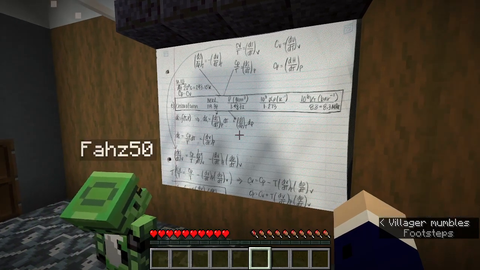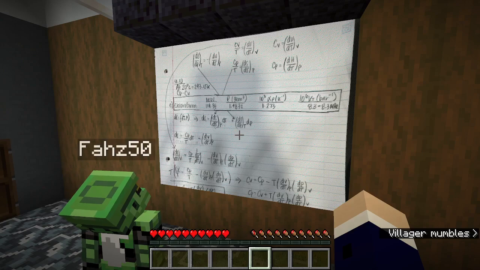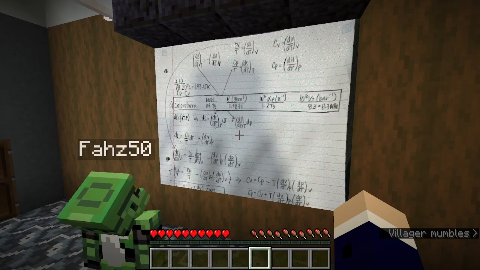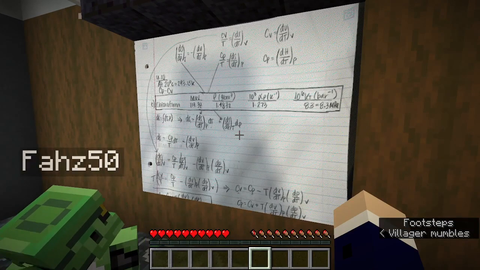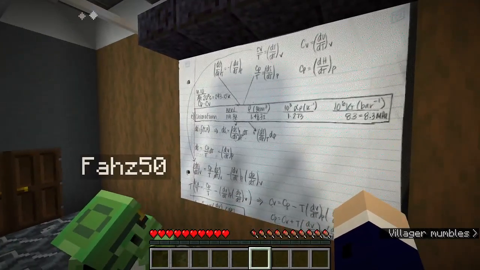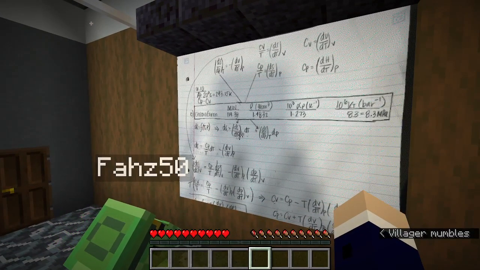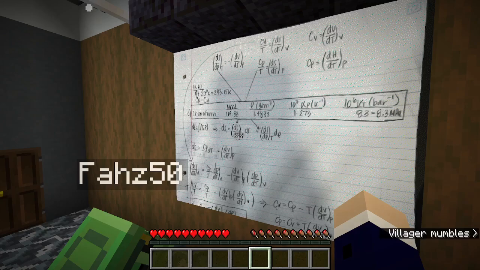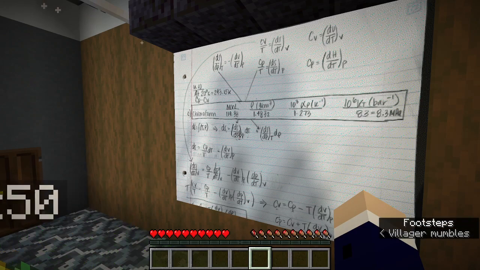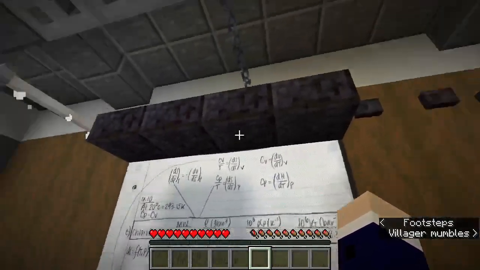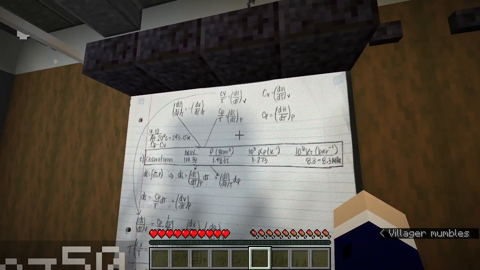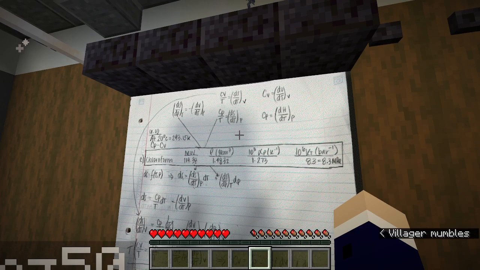To begin, right away we decided to convert the 20 degrees Celsius to Kelvin. Of course, that's 293.15 Kelvin. At the top of the page, we wrote down some useful relationships and equations that we were given to help us derive Cp minus Cv.